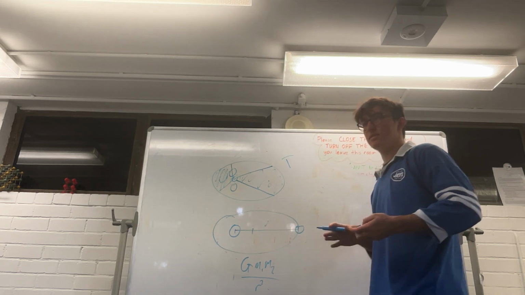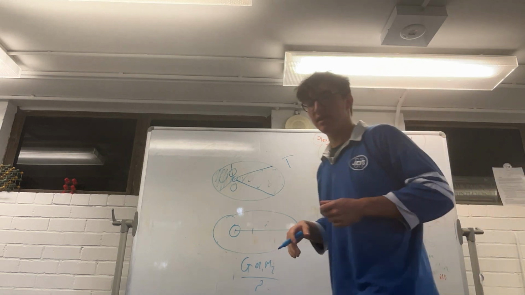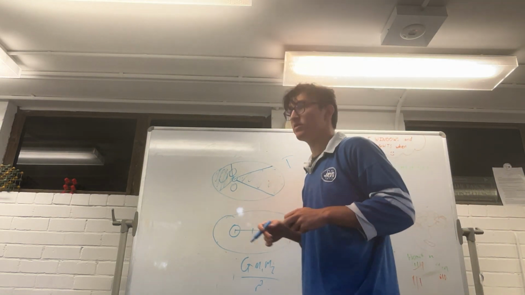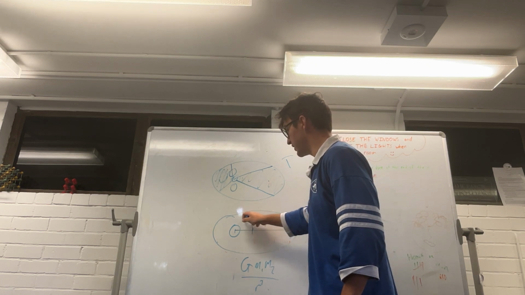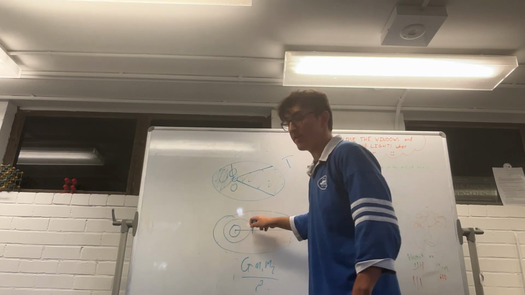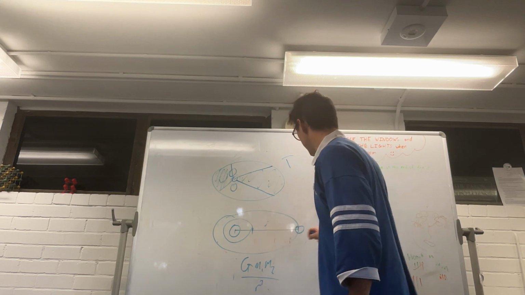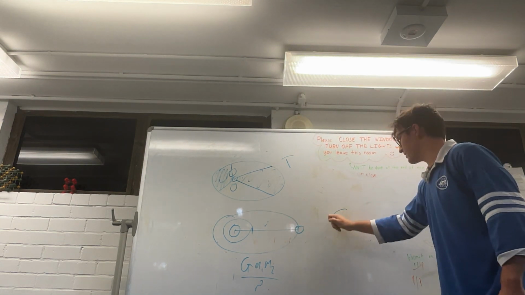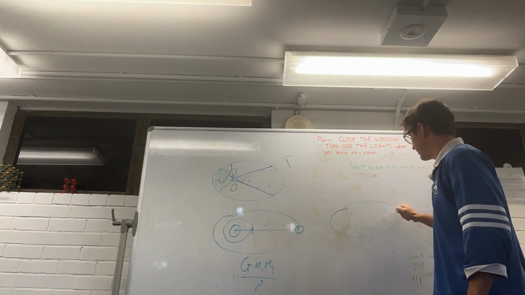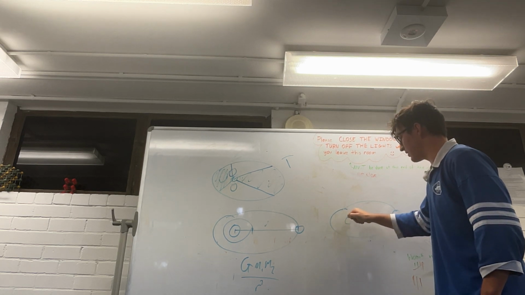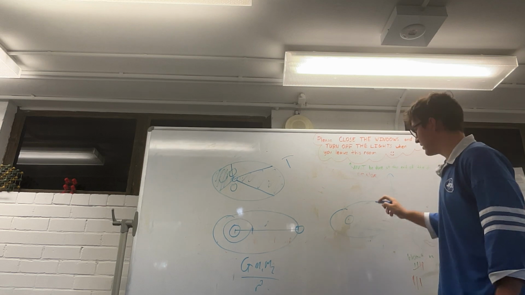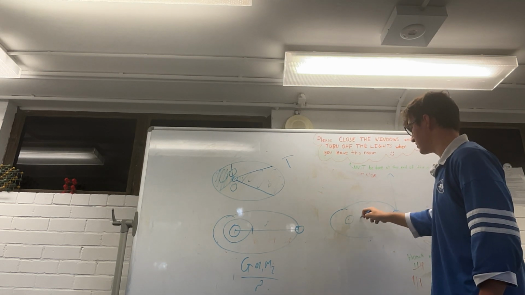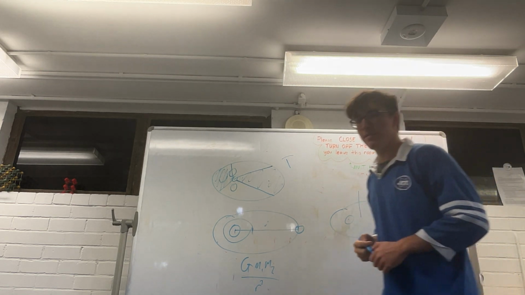The only way this is different is for the scenario where there's no gravitational force. Instead of the planet orbiting around the sun like this, it will instead move straight up because there's no gravity pulling it down, and then the center of mass of the system will just continually move upwards.